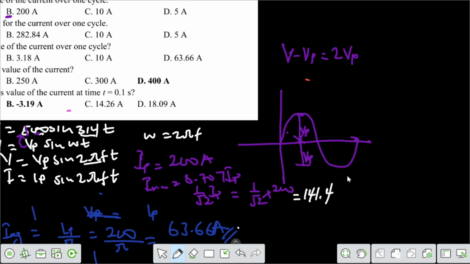So our peak to peak current will be equal to twice the peak current, which is equal to 2 times 200, and that will give us 400 amps. Okay, now let's look at the last question.